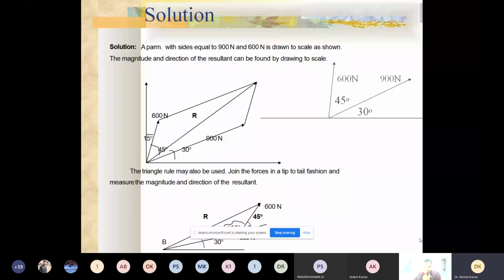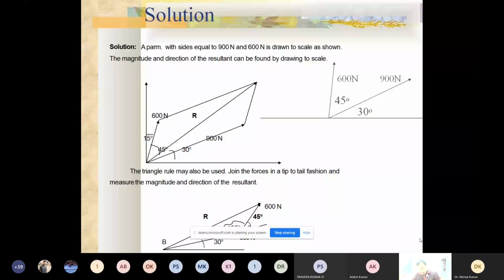Or you can write 900 in vector form: 900 cos 30 i plus 900 sin 30 j, that is force F1, and 600 cos 75 i plus 600 sin 75 j, and you will get the vector form, and R is nothing but vector F1 plus vector F2.